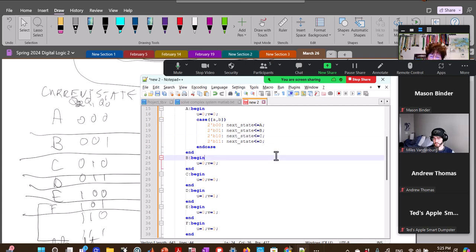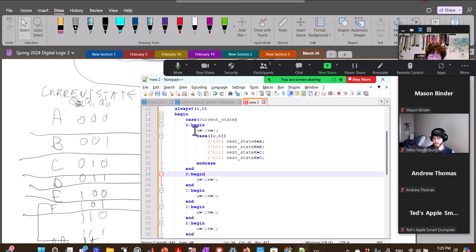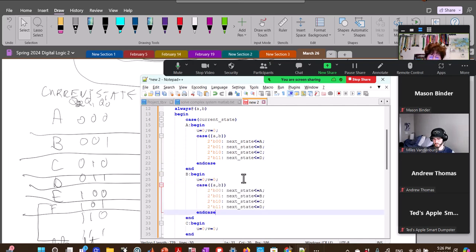And then I had open my case, I had end case, and for each state I had to have a begin and an end because I had more than one command in here. I was assigning the output, and then I had a case statement to do what the next state was going to be. I have to include this same sort of thing in each one, but now it's actually pretty easy because I can cut and paste and just change what the next state's going to be.